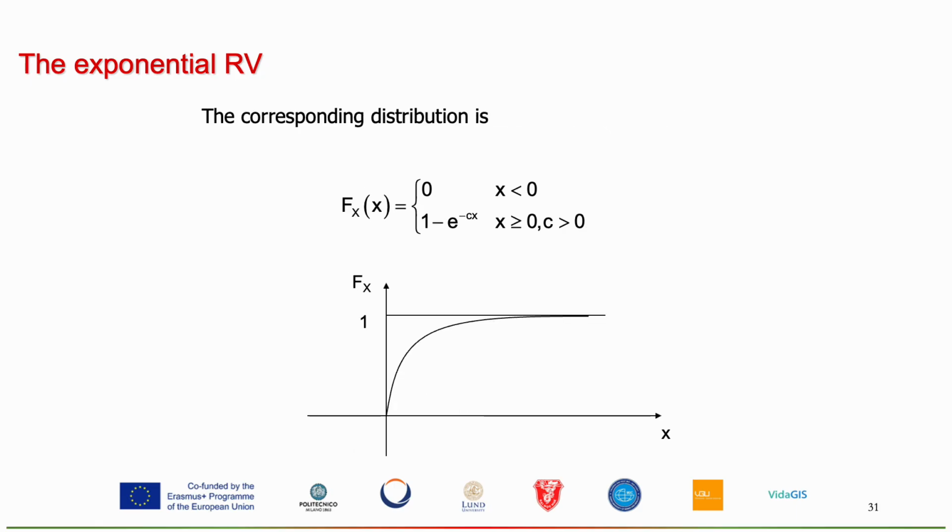Let's look at the cumulative distribution. It can be obtained by integrating the density function, and it is 0 for x smaller than 0, and it is equal to 1 minus e to the minus cx for x bigger than 0.